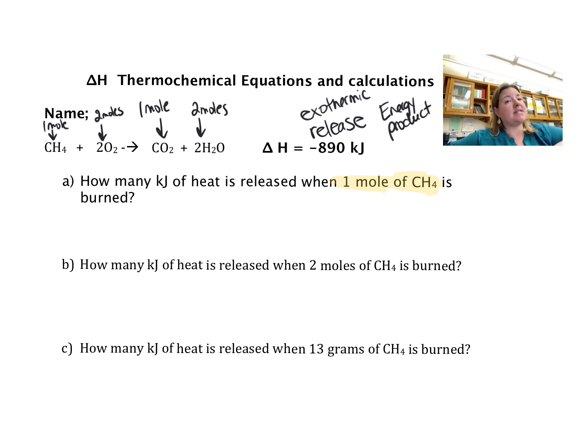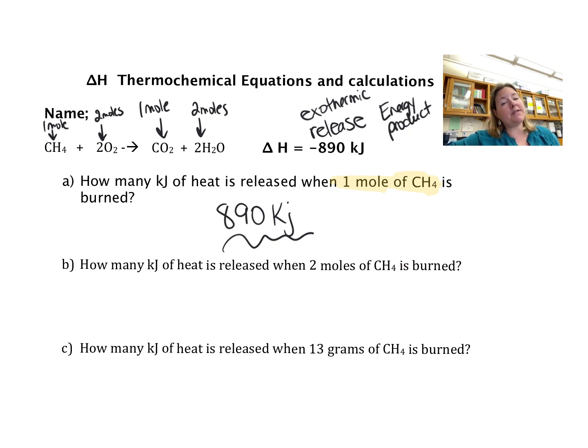So the question says, how much heat is released when 1 mole of CH4 is burned? So that means I'm going to burn 1 mole, and that means that I am going to produce 890 kilojoules of energy. That's it.